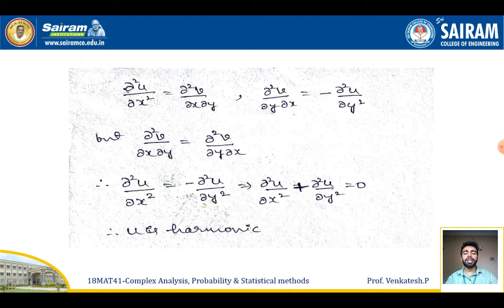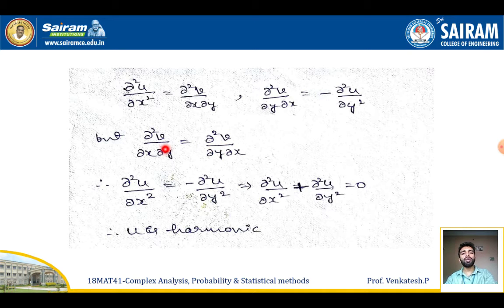On differentiating equation number 1 with respect to x, I get dou square u by dou x square is equal to dou square v by dou x dou y, and differentiating equation number 2 with respect to y, I get dou square v by dou y dou x is equal to minus dou square u by dou y square. From the properties of partial derivatives, dou square v by dou x dou y is equal to dou square v by dou y dou x.